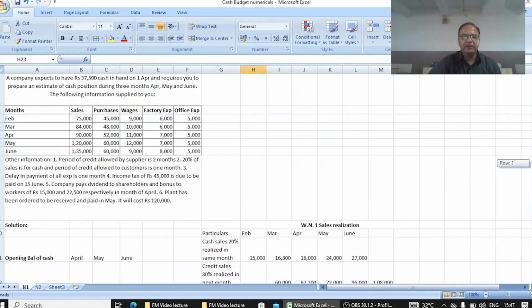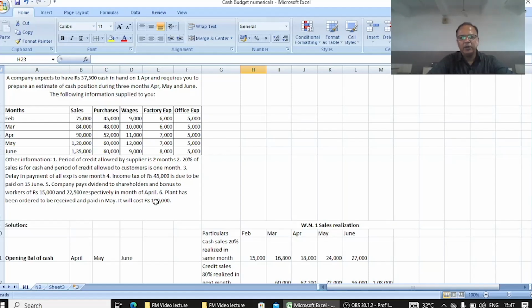I am repeating again that whenever we have to prepare a cash budget, it is on payment and receipt basis.